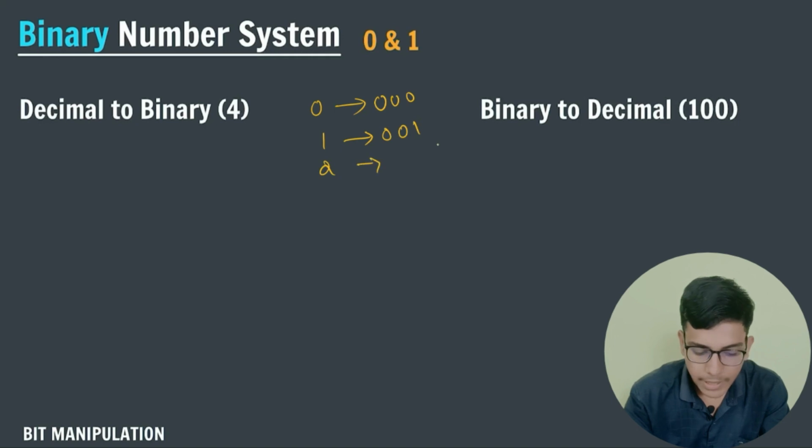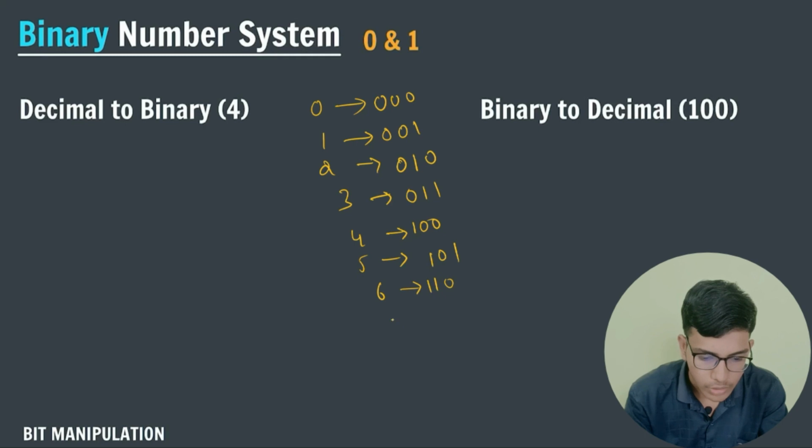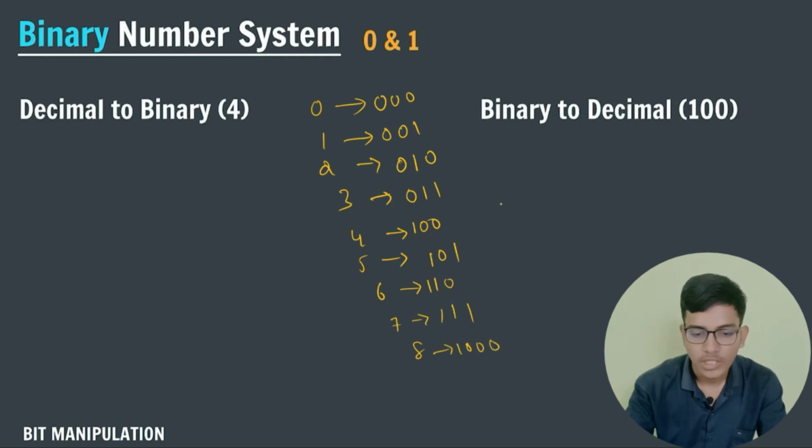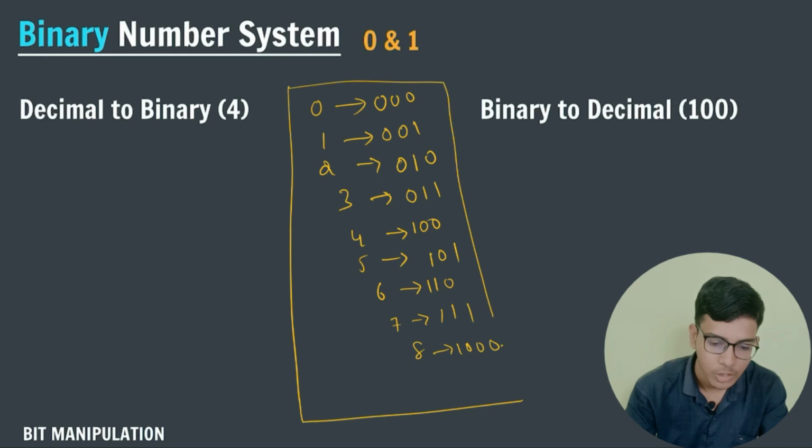For 2, the binary conversion is 010. For 3, 011. For 4, 100. For 5, 101. For 6, 110. For 7, 111. For 8, 1000. So this is the conversion from decimal 0 to 8 in binary form.